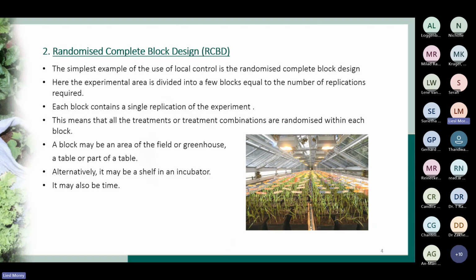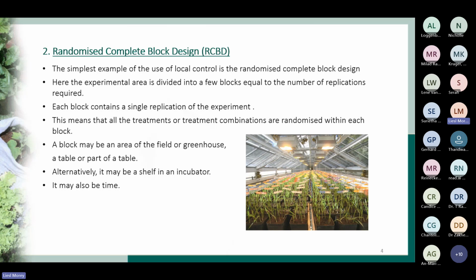Complete block just means that all your treatments are randomized within every block. An incomplete block would be that you have some treatments in one block and some in another. The complete tends to confuse people. It just means all the treatments are in all the blocks.